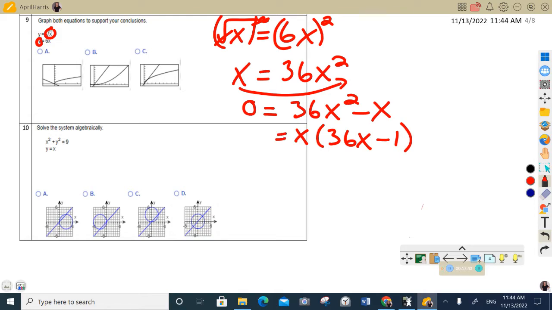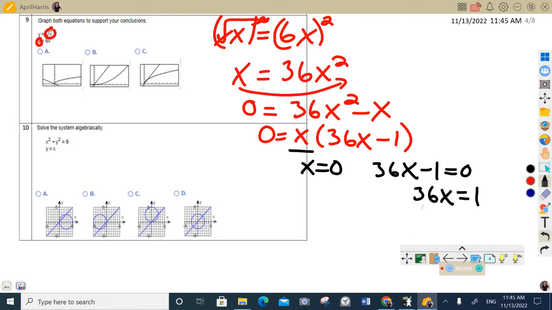And we got that set equal to 0, so if a product equals 0, one of the factors is equal to 0, so x could be 0, or 36x minus 1 could be 0. So if I solve this for x, I'm going to add 1 to both sides and divide both sides by 36. And so I get two different x values.